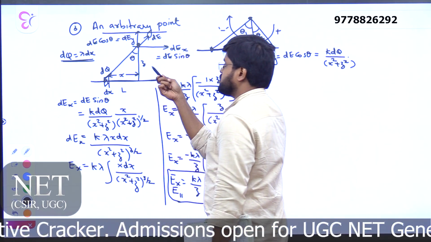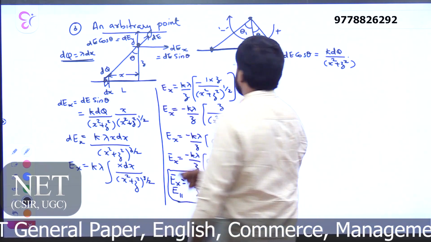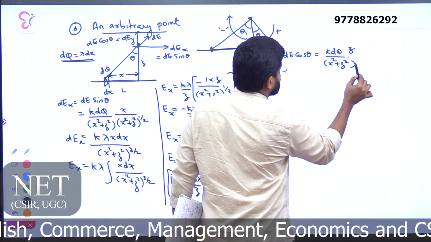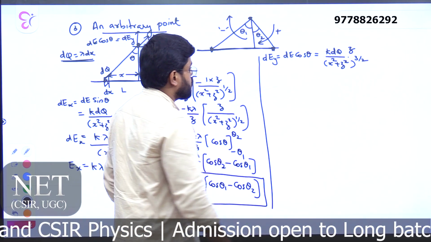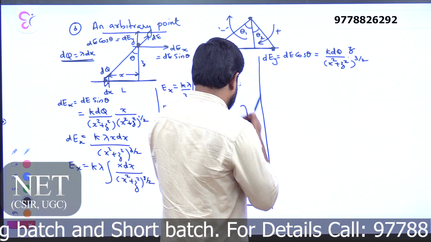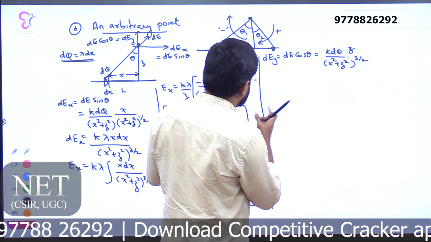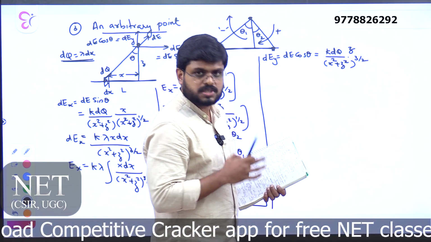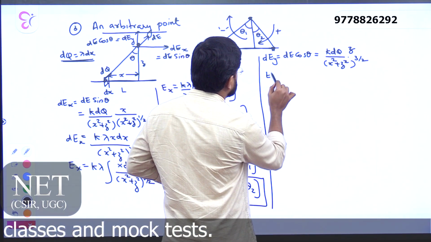Cos theta is z by root of x square plus z square. So this z by root of this means it is whole power 3 by 2, isn't it? So we got dEy as k dq z divided by x square plus z square whole power 3 by 2. Is it clear?